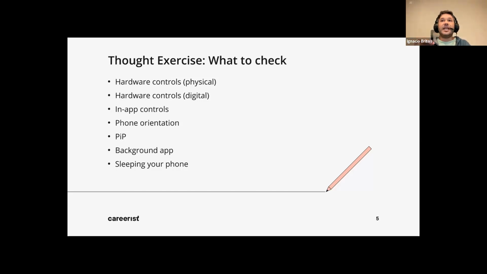So those are the in-app controls. Then you have the phone orientation, the one that I mentioned. Also the picture-in-picture thing. If you can explore other applications.